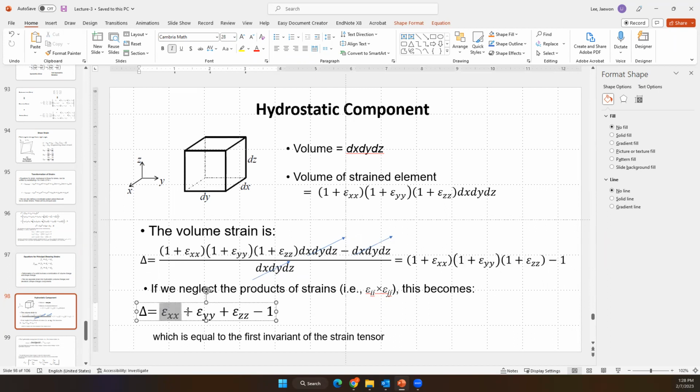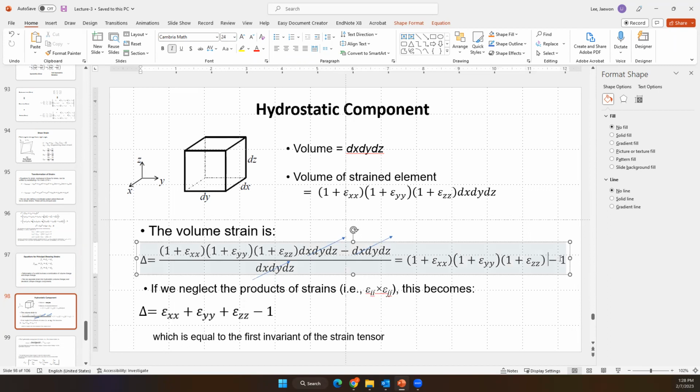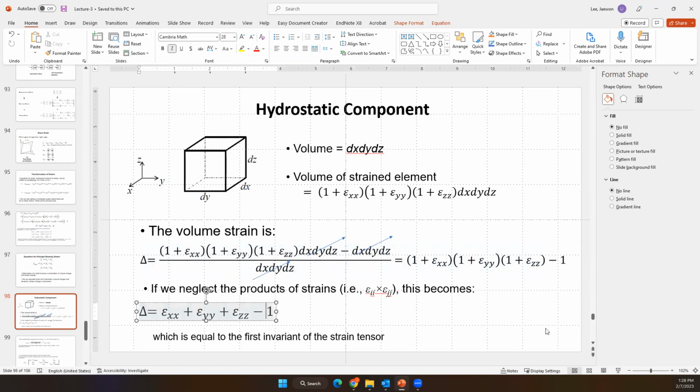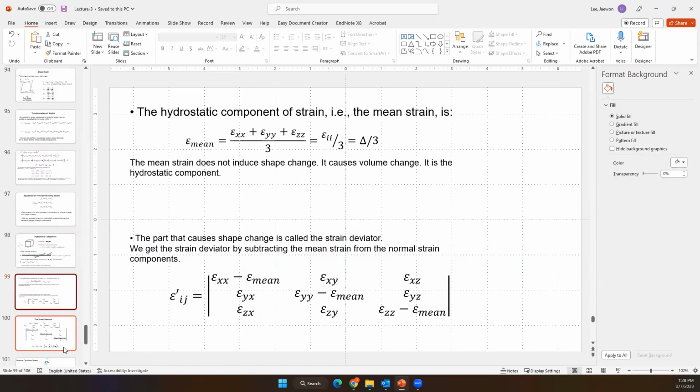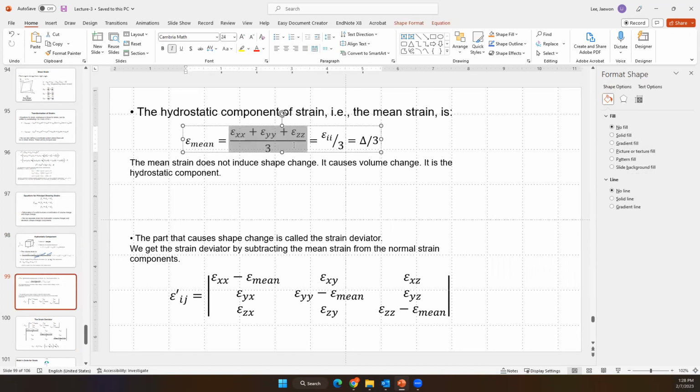So we get just this, then minus 1. Okay. Then we can calculate the mean strain. Mean strain has 3 components. We can calculate the mean easily.